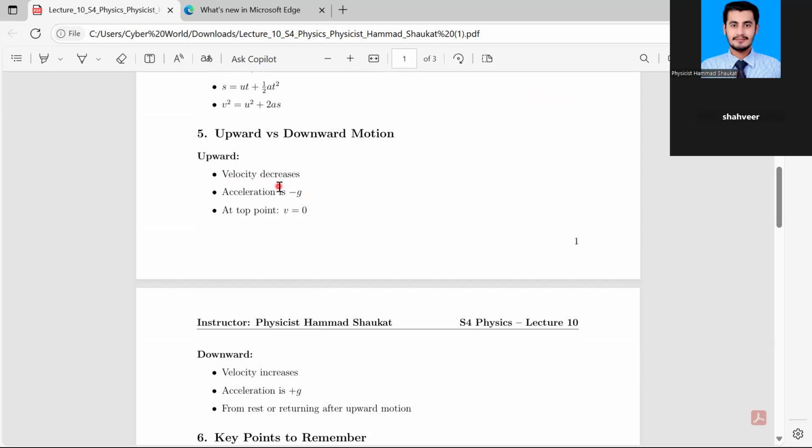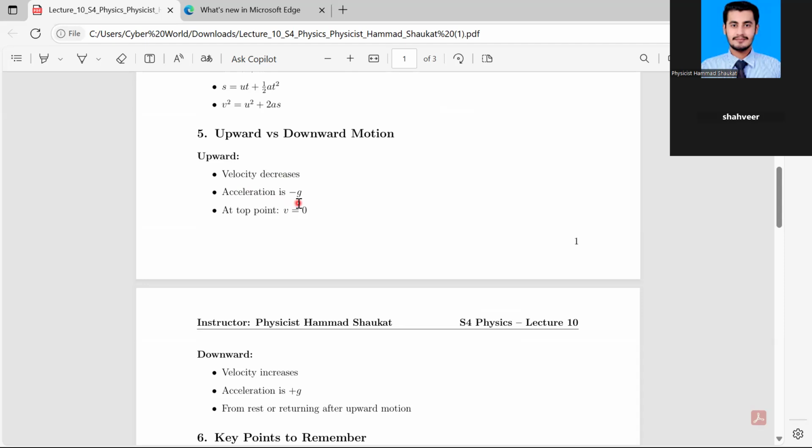So whenever you throw an object upward, its velocity decreases and its acceleration would be minus g.